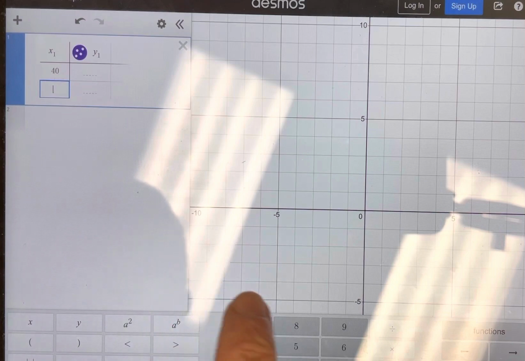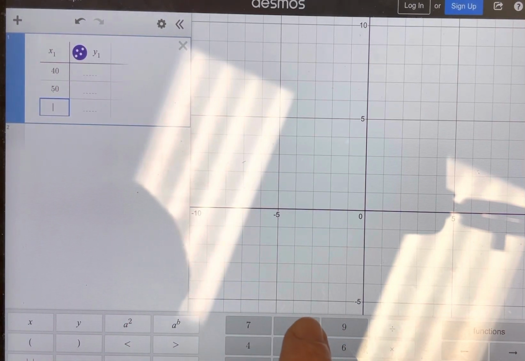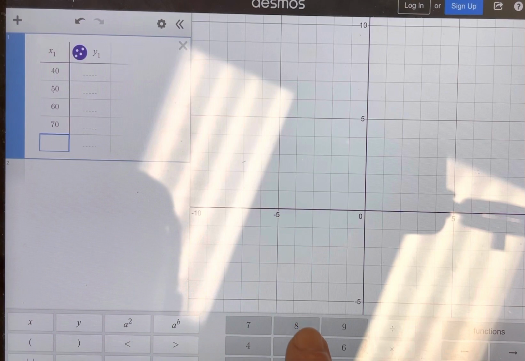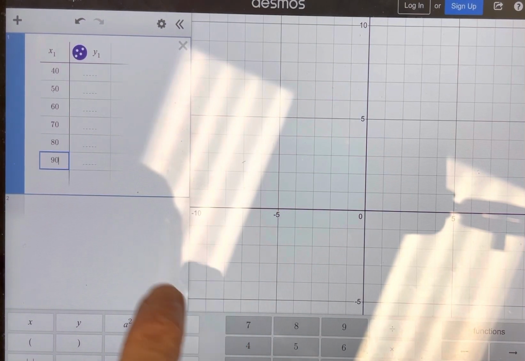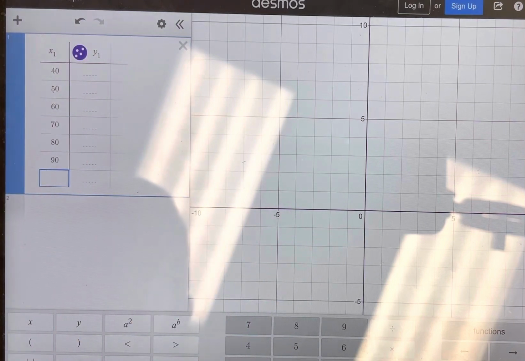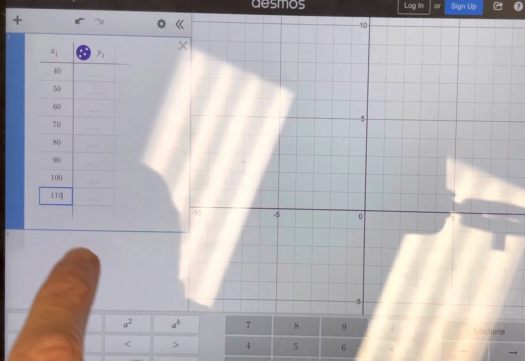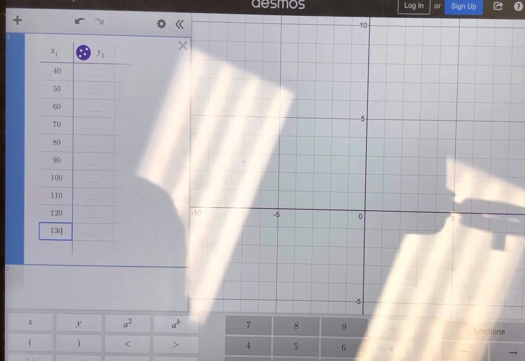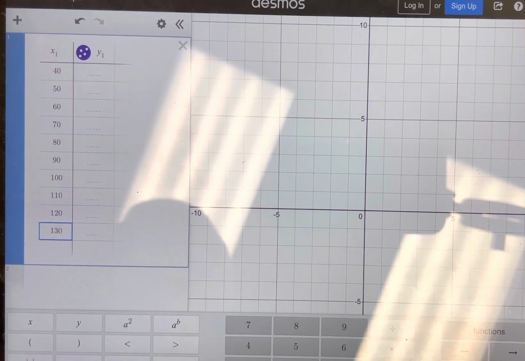So I'm going from 40, here's 50 years after 1900, now this is 60, 70, 80. I'm just doing it vertically. Of course, you could do it back and forth, but I'm just doing it this way. 100, 110, 120, and 130 is 130 years after 1900, which is the year 2030.